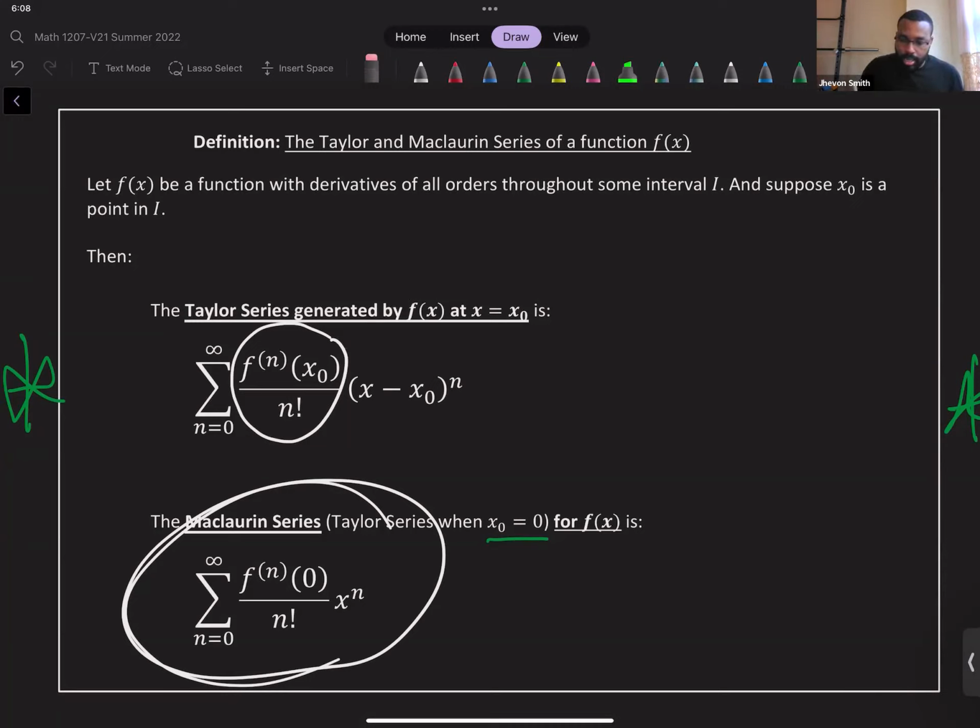We found the IOC and ROC last class. Okay, so that is the Maclaurin series for the exponential function, and that one wasn't so bad because the derivative was always the same.